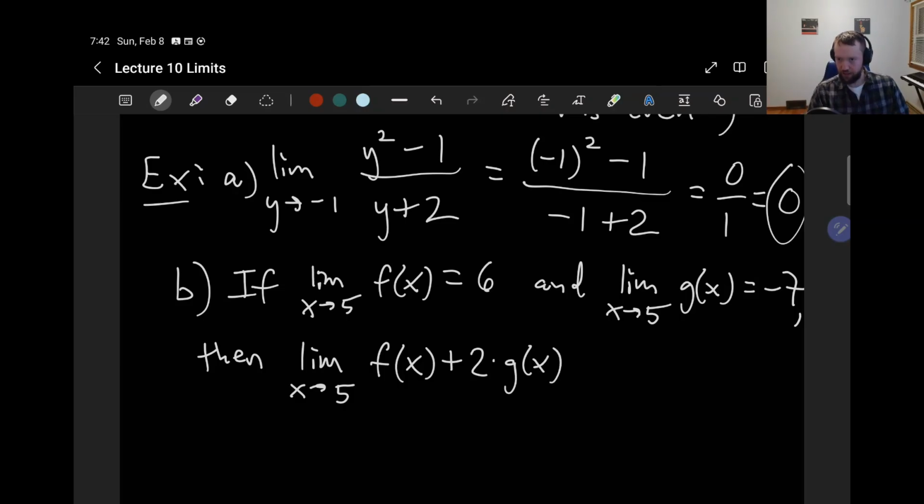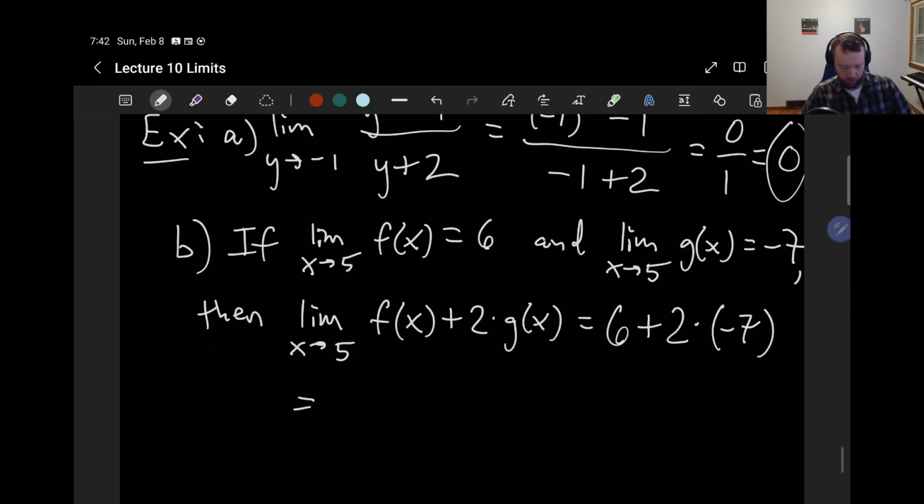This is that first linear property I was talking about. Well, we know that the limit as x approaches 5 of f of x is 6. So 6 plus, now we've got a times 2. And g's limit is negative 7. So it works just like you would want it to. And this is the result.